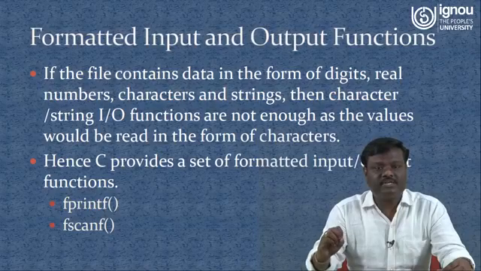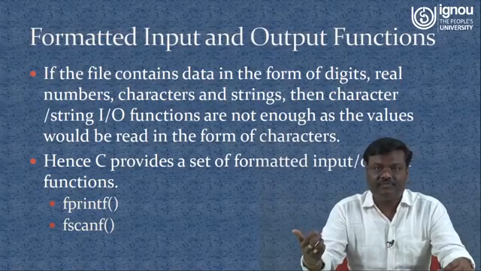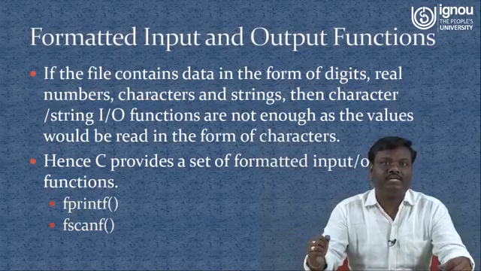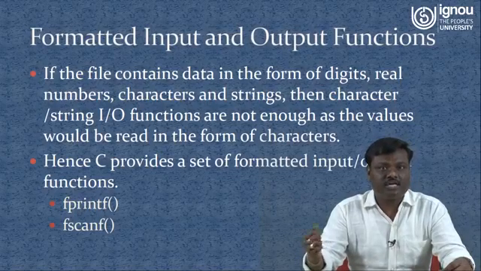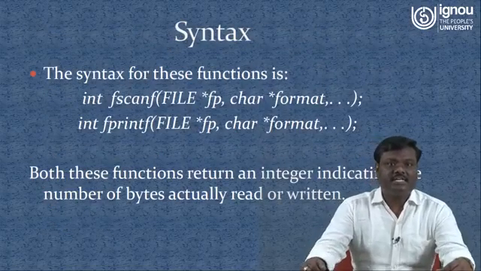With these two functions, if you want to print something into the file, you have to use fprintf. If you want to read the formatted form of digits or float values, you can use fscanf. So the syntax remains int fscanf.